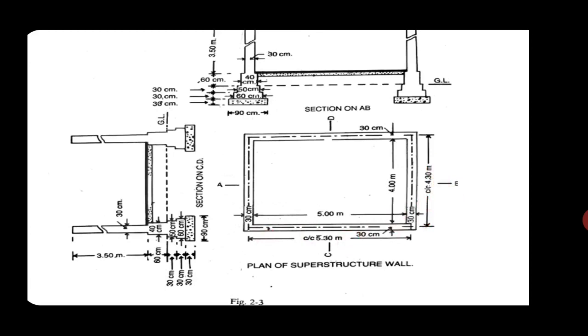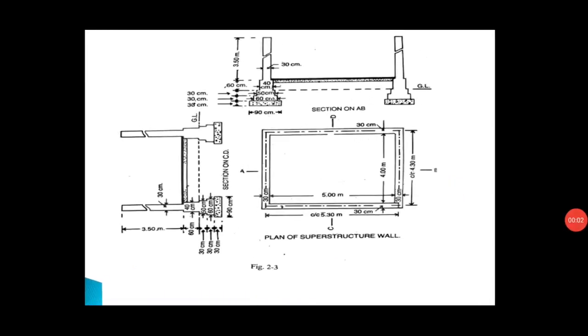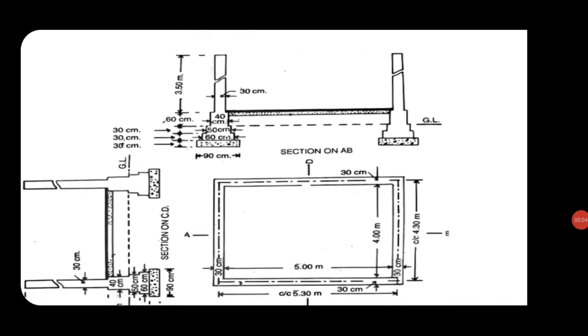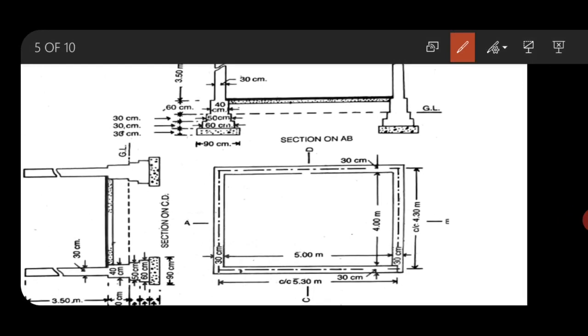So for calculation of the long wall, for brickwork in superstructure, along the long wall, this length will be equal to the out-to-out dimension of the brickwork.